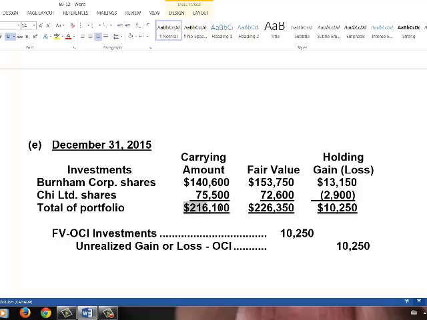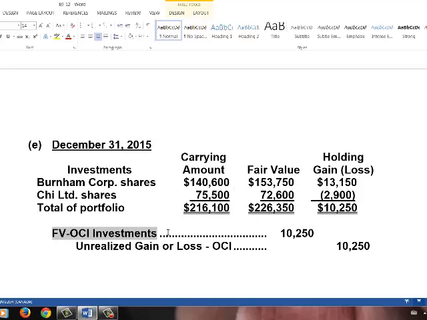So I compare the carrying value, which was the same at the end of 2014 as it is at the end of 2015, $216,100. I compare it to the fair value at the end of 2015, and I'm going to get a net holding or unrealized gain of $10,250. So the investment portfolio's gone up from $216,100 to $226,350.